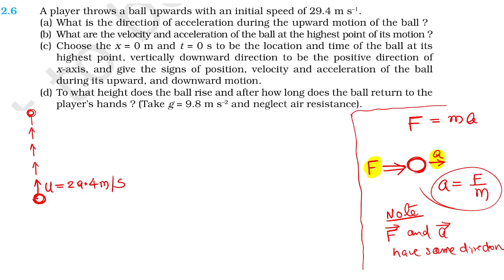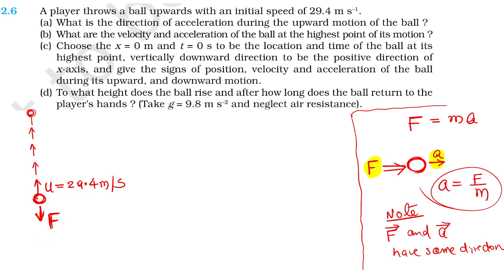Whether the body is moving up or down, the body experiences a downward force because earth attracts it downward. Understood? Gravity. Whether the body is going up or going down, it experiences a force downward. Earth attracts the body.